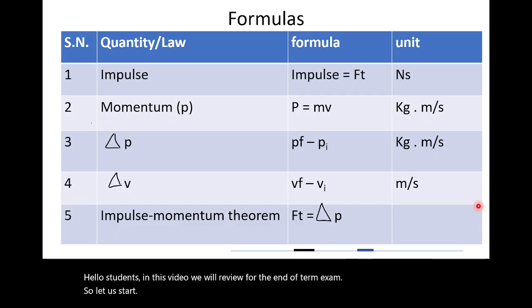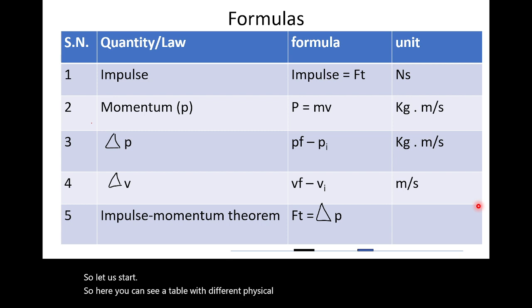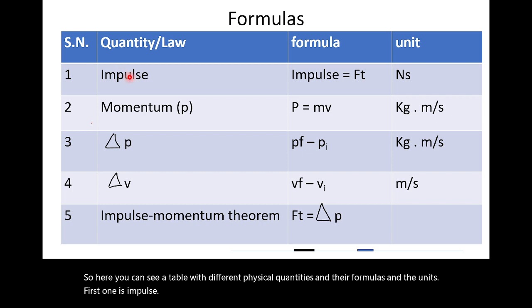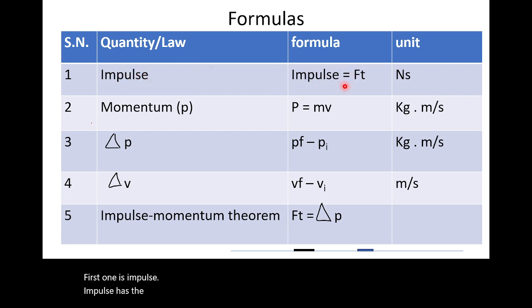So here you can see a table with different physical quantities and their formulas and the units. First one is impulse. Impulse has the formula impulse equals F times t and the unit is Newton second.